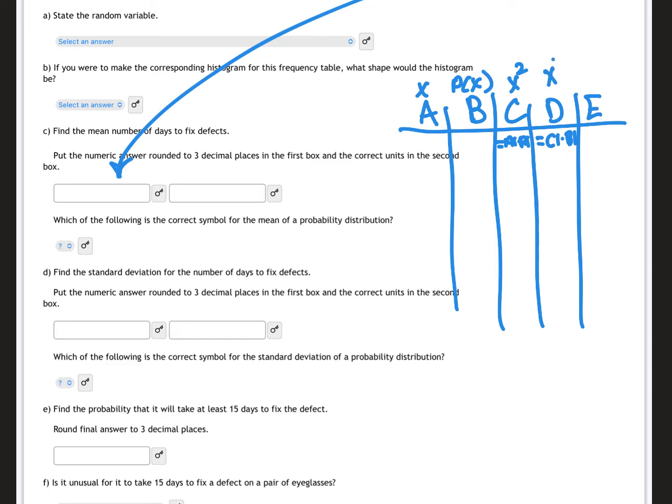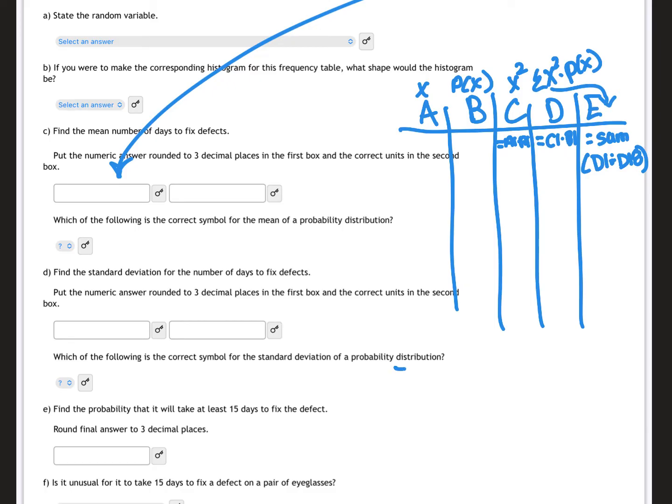So this is X squared times P of X. In D, I want you to sum D1 to D18. So I have the sum of this, and that's right here.